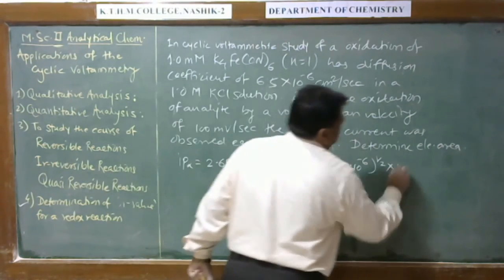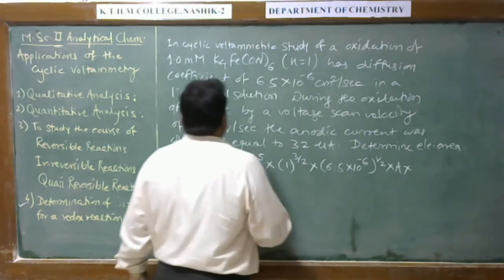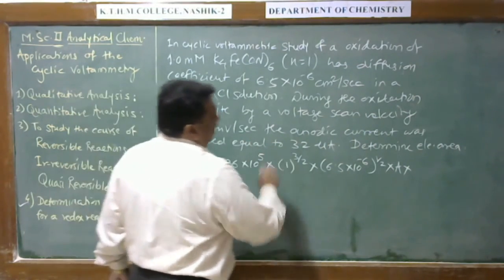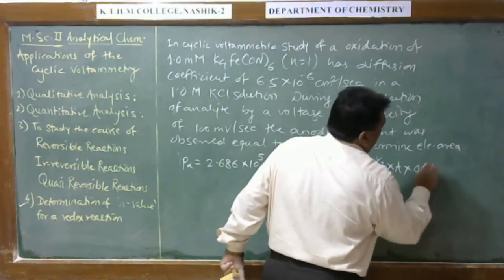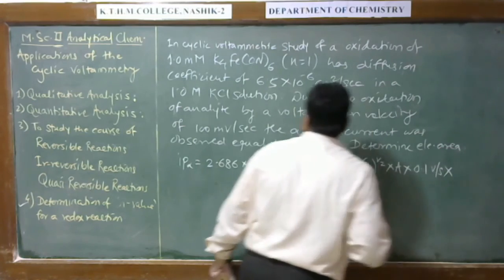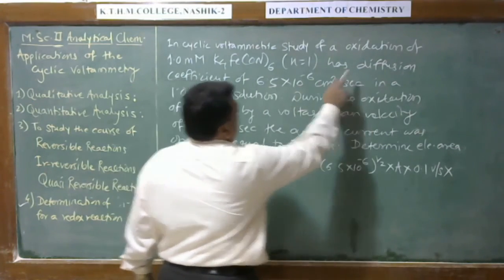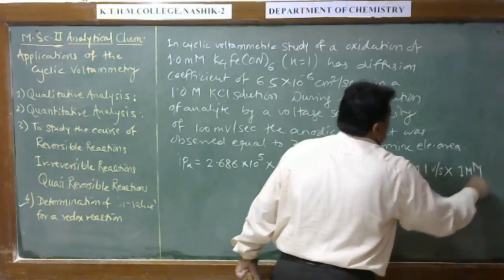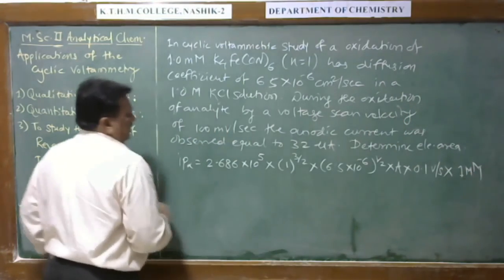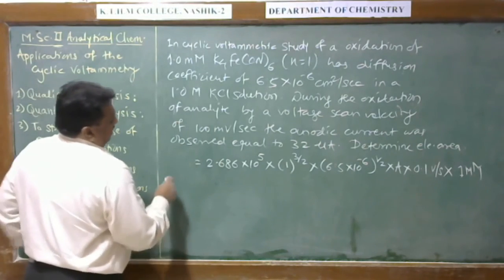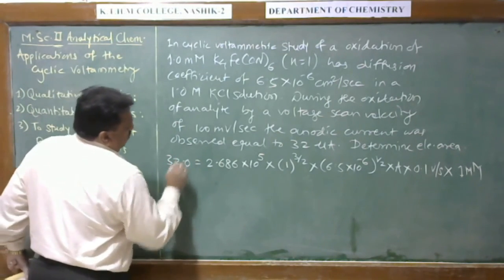A we have to determine, into mu scan rate, that is 100 millivolt means 0.1 volt per second, into concentration of analyte is 1 millimole. And if we solve this, we have here IP, that is 32.0.